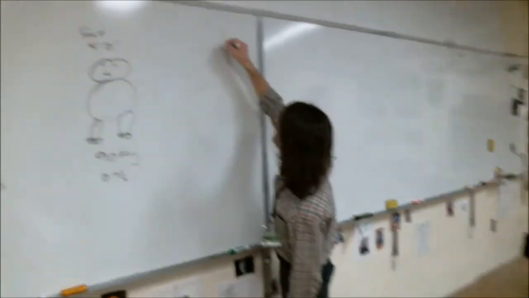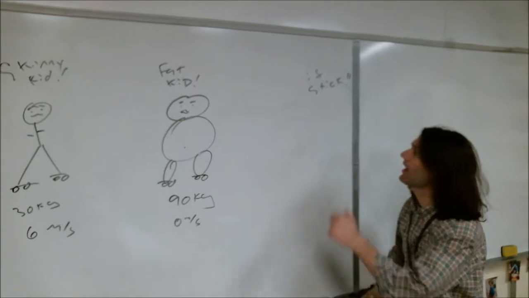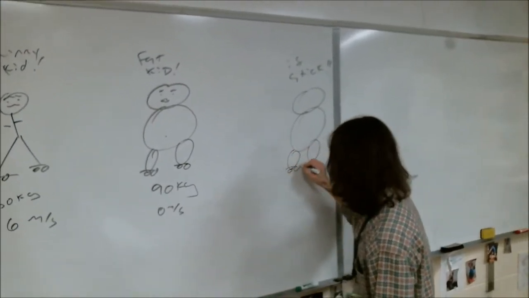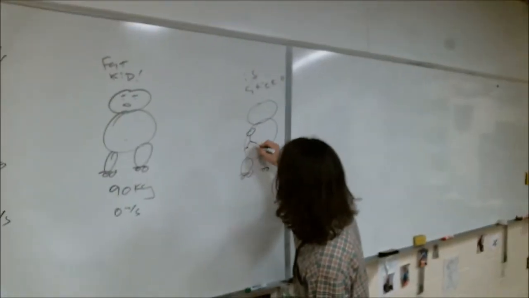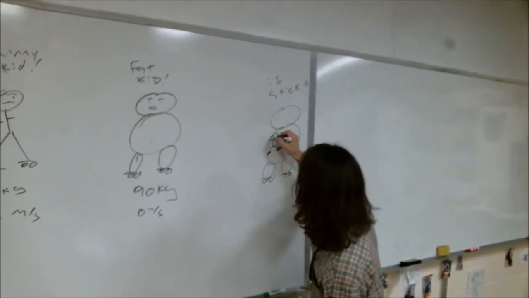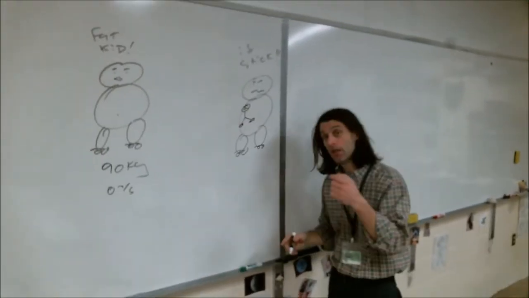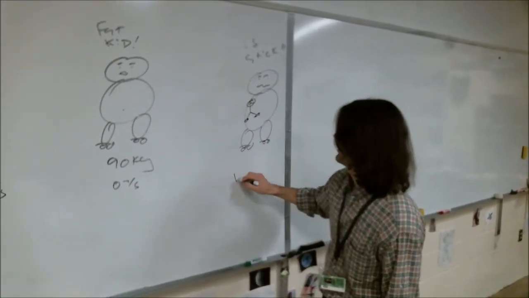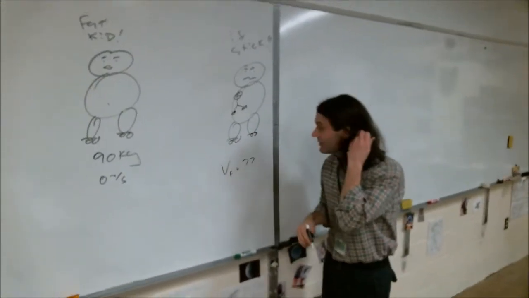So I will do the math first. If they stick, then they come together, they become one item, and what I would ask you is their final velocity as they roll away together.